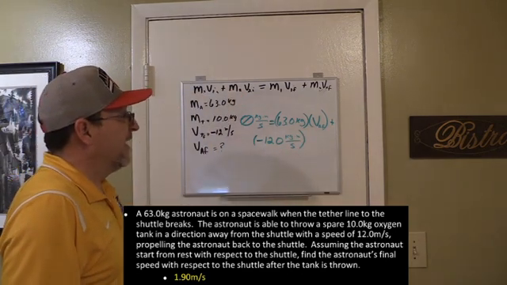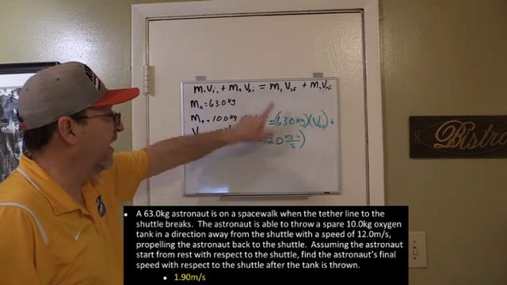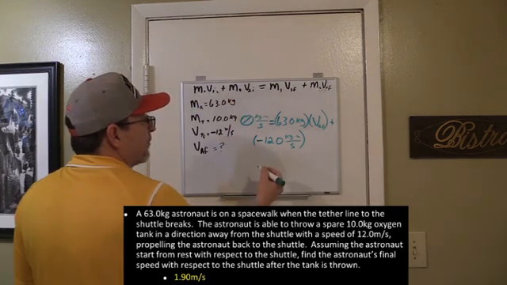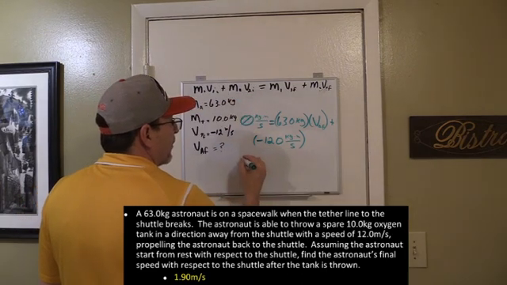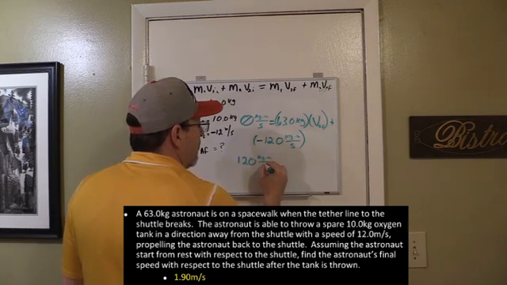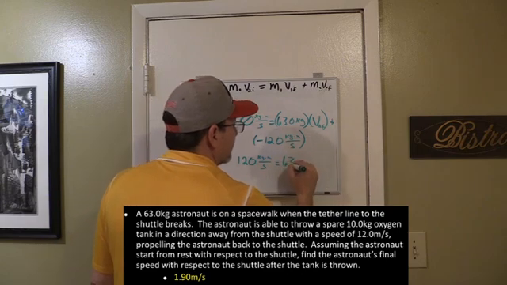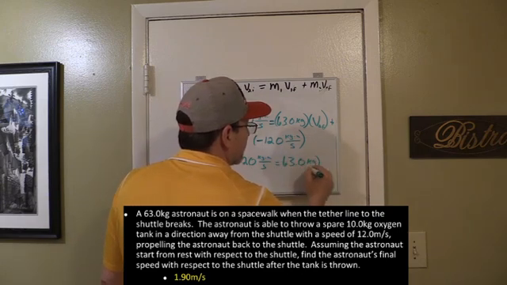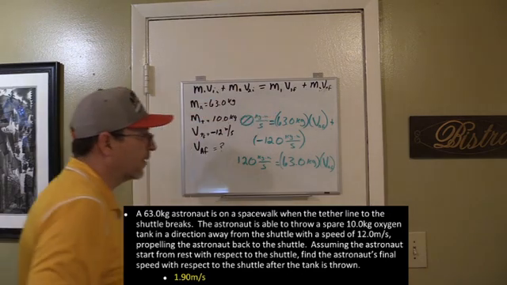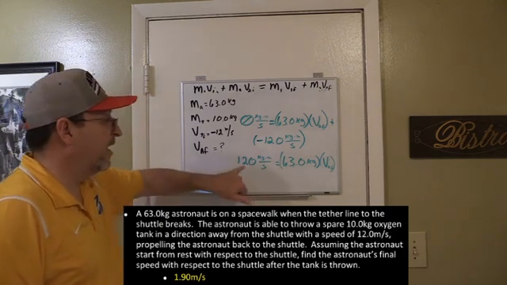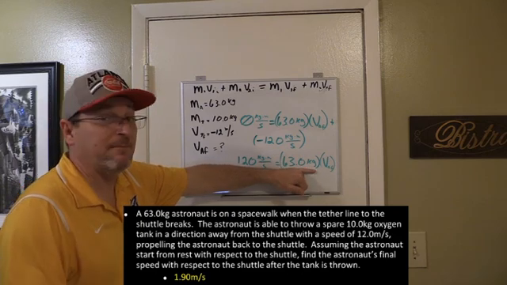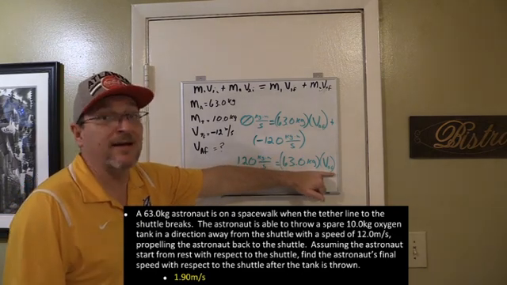Now I'm going to move this from this side to the other. So now I have 120 kilogram meters per second is equal to 63 kilograms, the mass of the astronaut, times the unknown velocity of the astronaut.